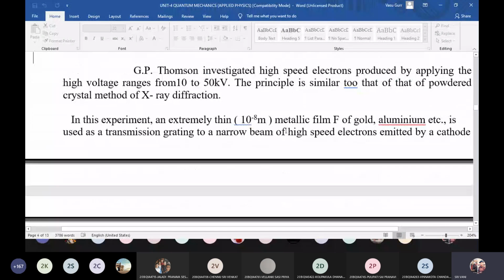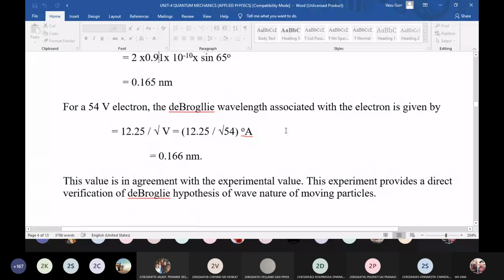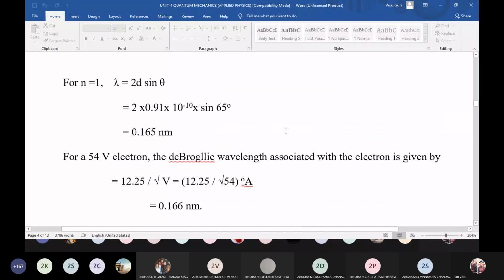Previously, have you completed the practice of the Davisson-Germer experiment, all the students? After the completion of the experiment, the next step is to apply these two formulas.